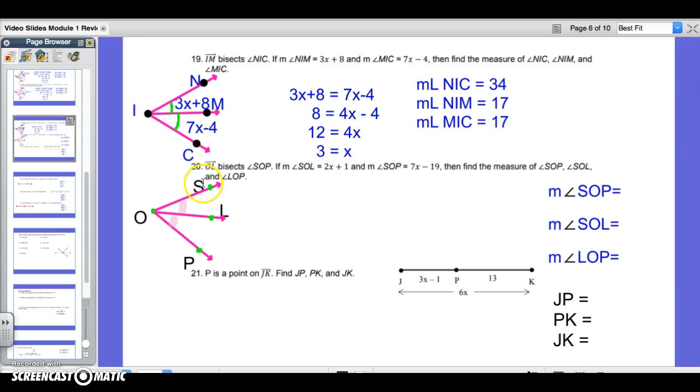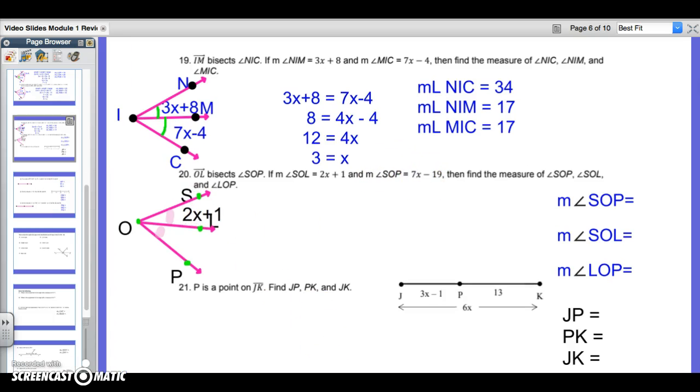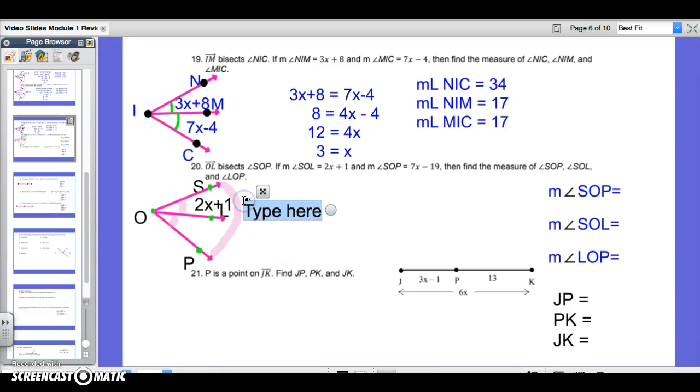So SOL, this angle, is 2x plus 1. And then SOP is the entire angle from here to here. They're saying that entire angle is 7x minus 19.